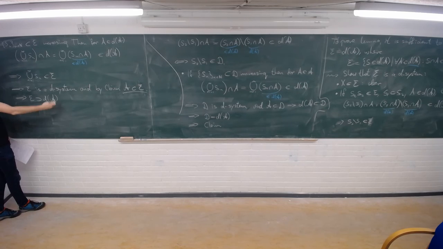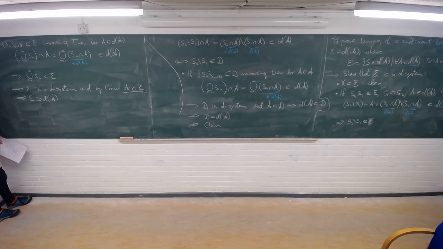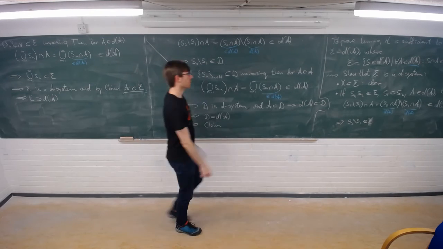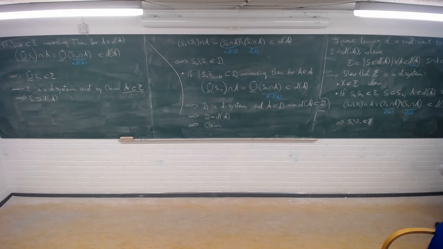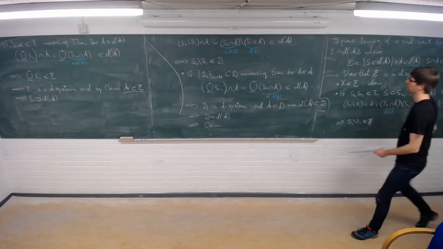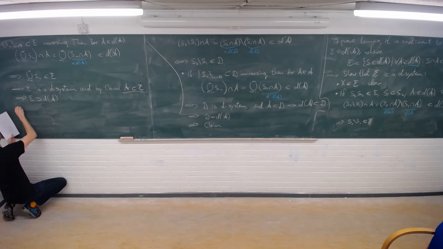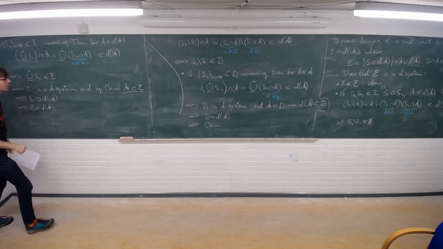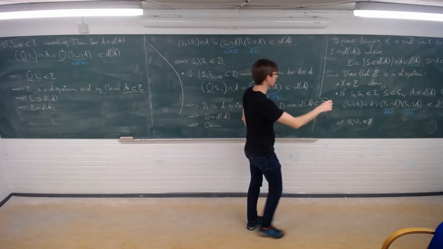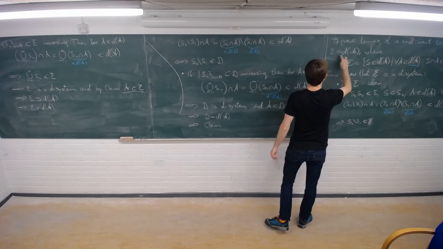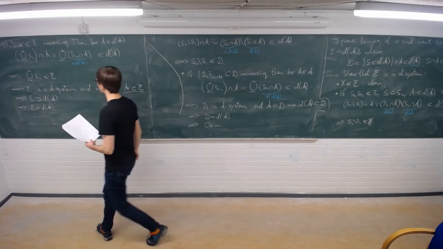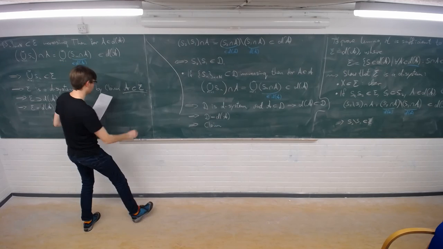Because D of A is the smallest D system that contains A. But now by definition of E, E was a subset of D of A, so E has to be equal to D of A. And this concludes the proof, because we noted earlier that E equal to D of A was the only thing we had to prove the lemma.